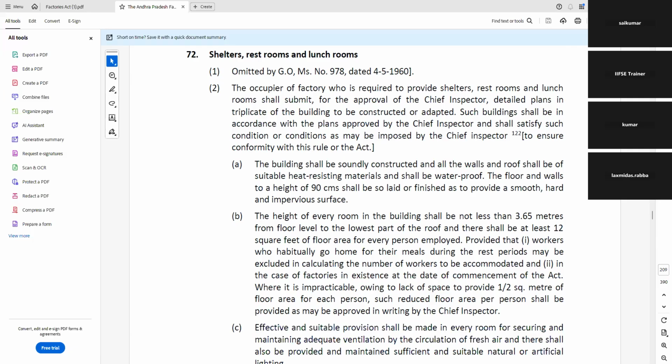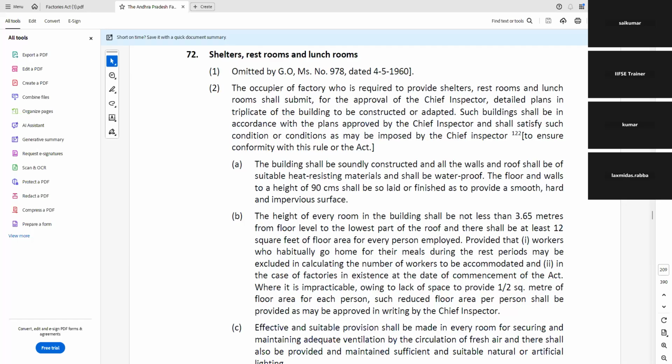And the height of the room in the building shall not be less than 3.5 meters from the floor level to the lowest part of the room, and there shall be at least 12 square meters of floor area for every person employed. Okay, 12 square feet area we should be able to give for each person, provided that the workers who habitually go home for their meals during the rest periods may be excluded in calculating the number of workers to be accommodated.